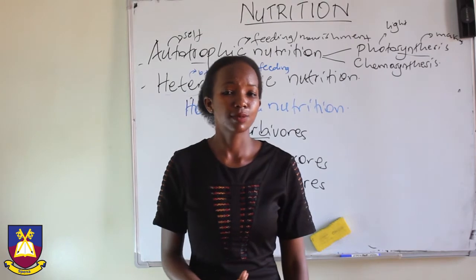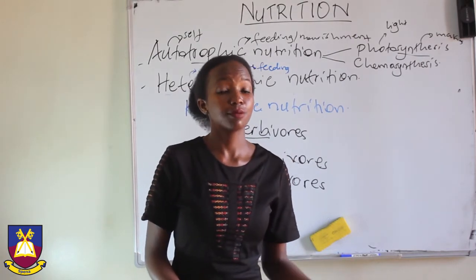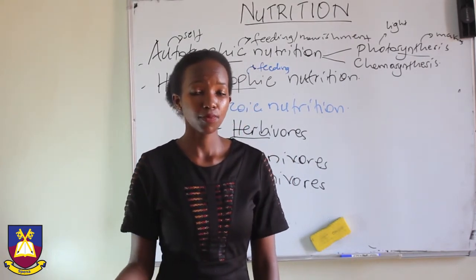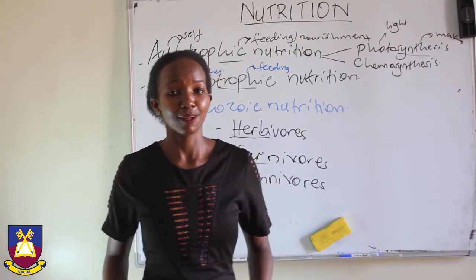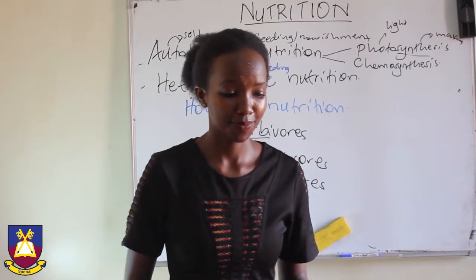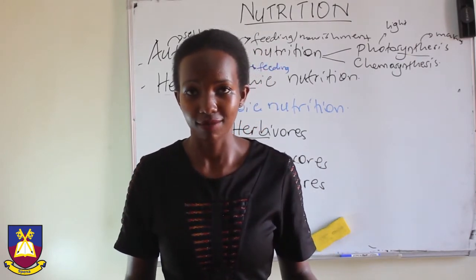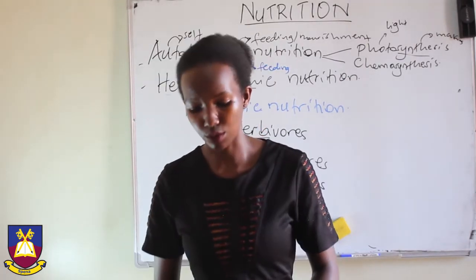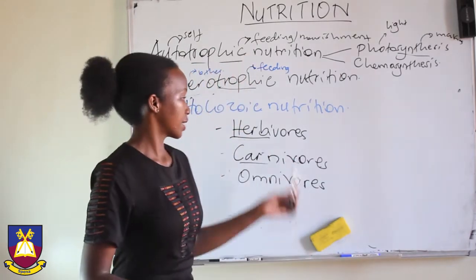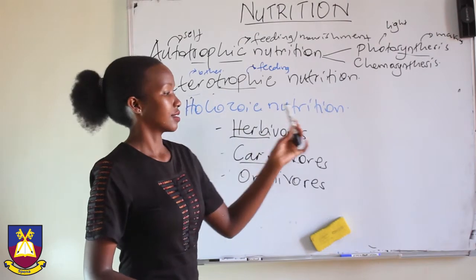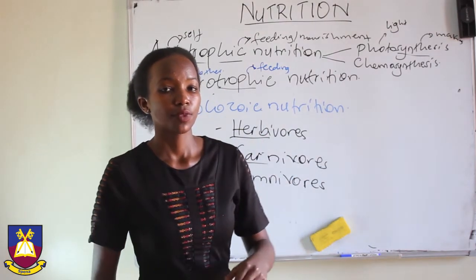These are the organisms that feed on both plant material and flesh. Okay, examples include myself, that is man, pigs, among others. Those are the 3 categories of animals that carry out holozoic nutrition.